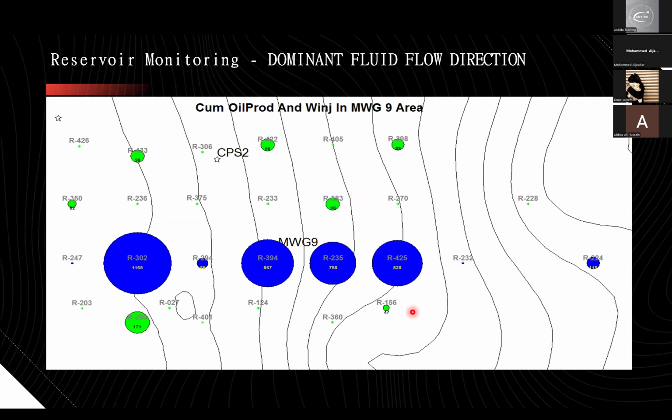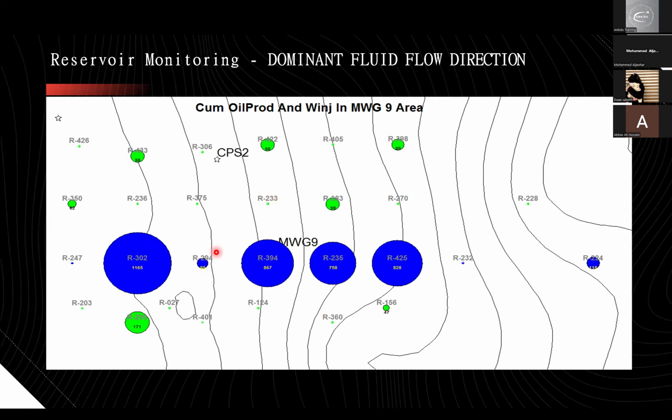Some wells, for instance, inject water inside your reservoir. We can see some producing wells are impacted by the water injection, and some wells very close have no reaction regarding the production.